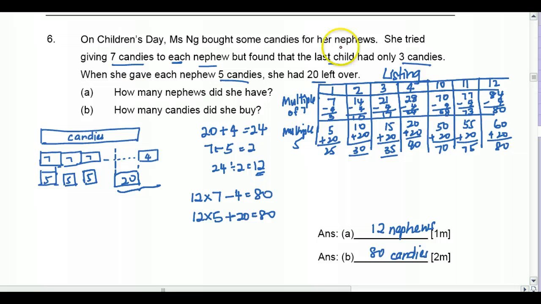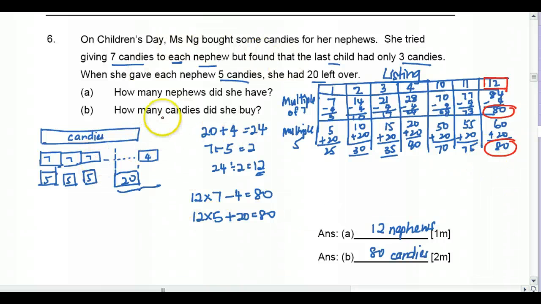Now you realize that I have 80 here and 80 here, which is the number of candies that she bought, and the number of nephews she had is 12. So 12 nephews, 80 candies.